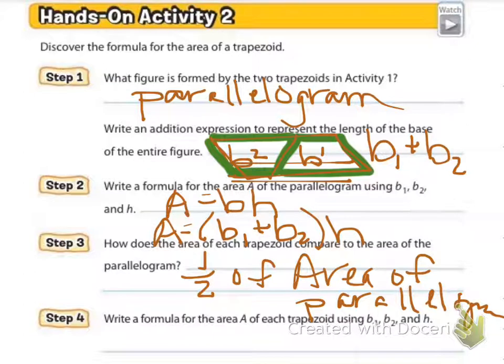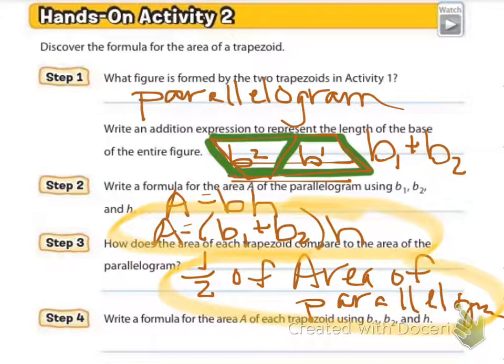All right. Then it says to write a formula for the area A of each trapezoid using B1, B2, and H. So again, if we were using B1 and B2, this is the area of a parallelogram. And then we know that the area of a trapezoid is 1/2 of the area of a parallelogram.